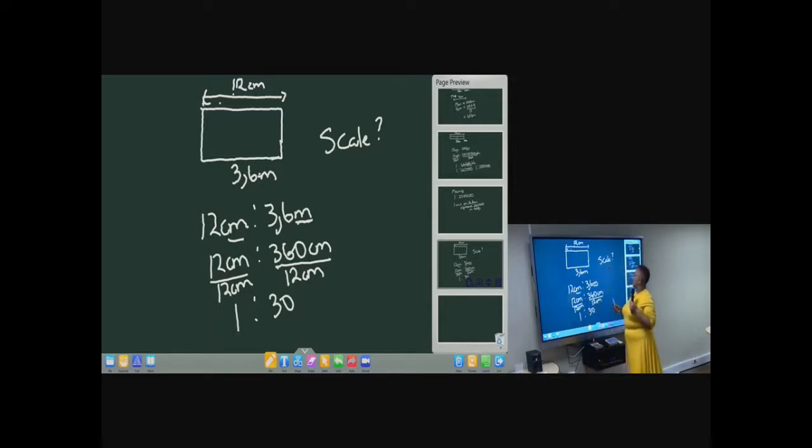Thirdly, I mentioned how to use a numerical scale, how to use a bar scale, how to change a bar scale to a numerical scale, and how to write your own scale when you are given a drawing which is not drawn to scale.